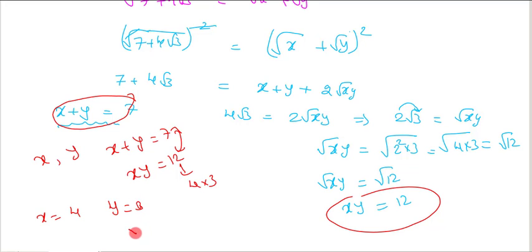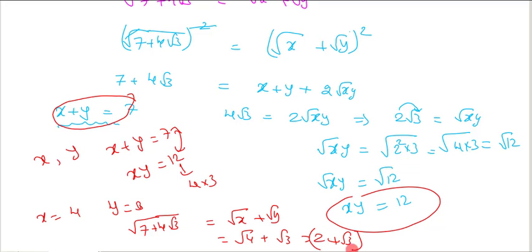So the square root of 7 plus 4 root 3 is equal to root x plus root y, that is root 4 plus root 3, which is equal to 2 plus root 3. So this is how to find the square root of the given surd.